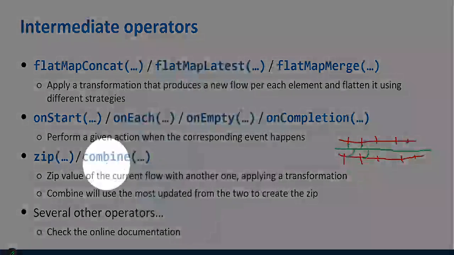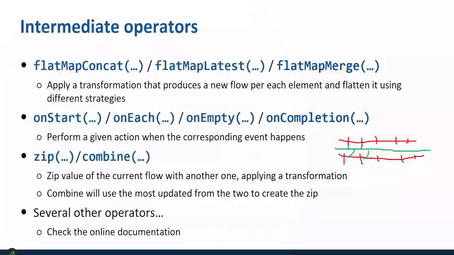And you also have a combine, which is a more convenient way in the flow world to do the zip, because it allows you not just to synchronize based on the order, as you can see here, where I pick one from the top and one from the bottom, but also to do this zip with the most updated value.